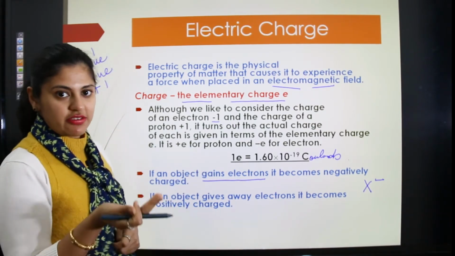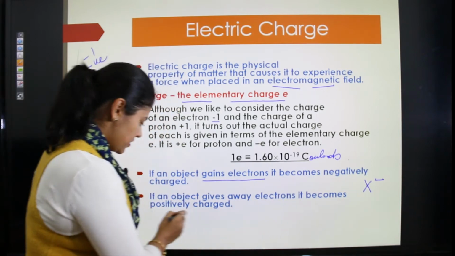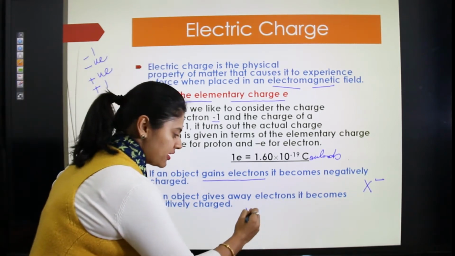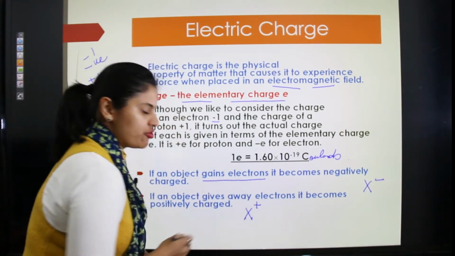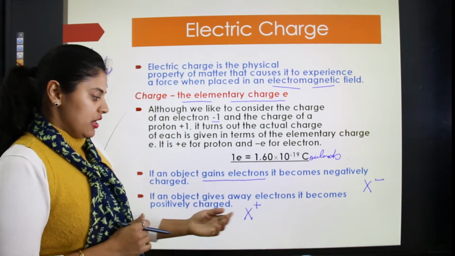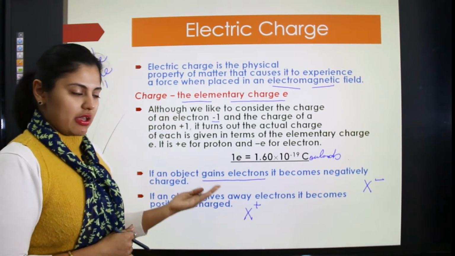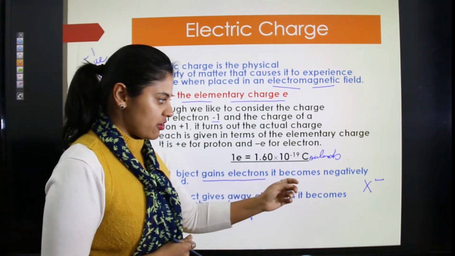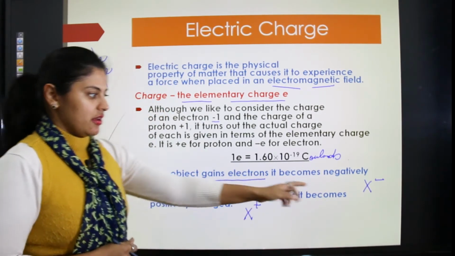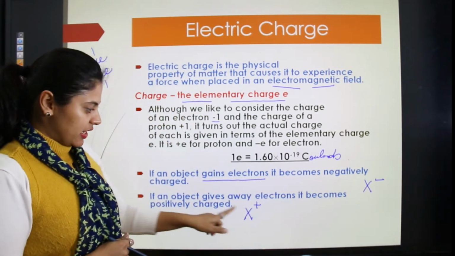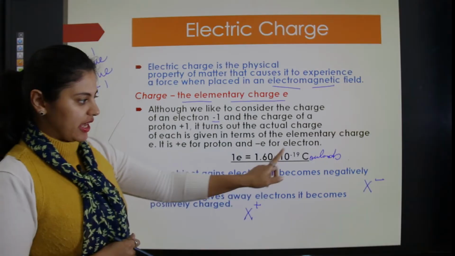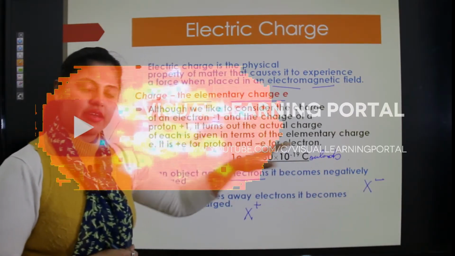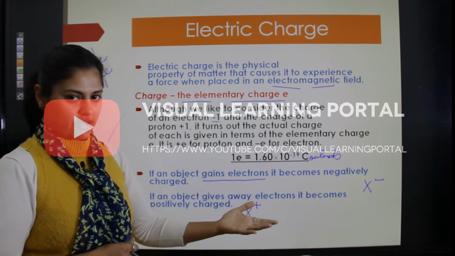To make themselves stable. It becomes positively charged. Whatever the object is, if it loses electrons it will have a positive charge, and if it gains electrons it will have an excessive negative charge on that object.